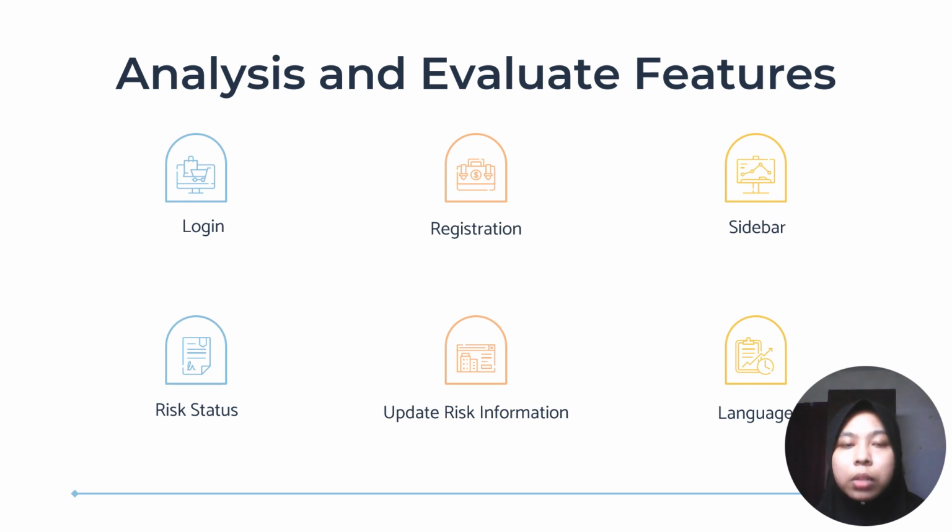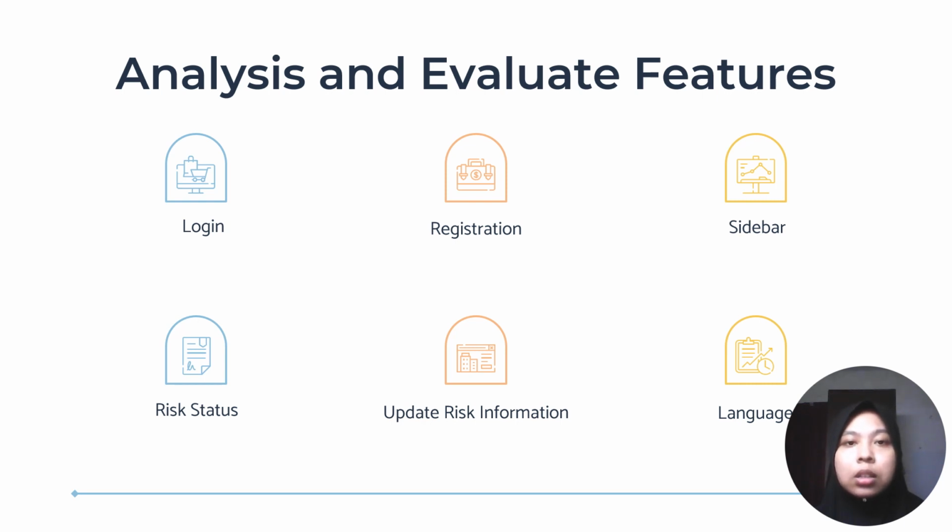Next, requirement analysis and design. Firstly, the system will be using English language only. When users successfully log in to the ISO risk management system, they will be directed to the dashboard. The sidebar has many options such as risk management and feedback management. For risk management and feedback management, the system allows users to register, view, update, and delete information.